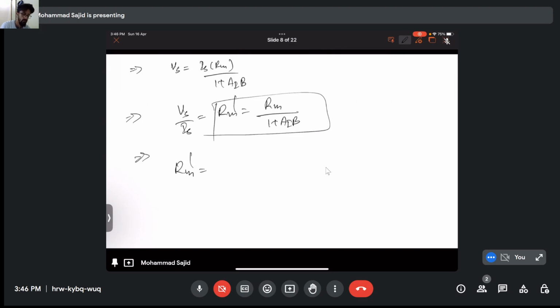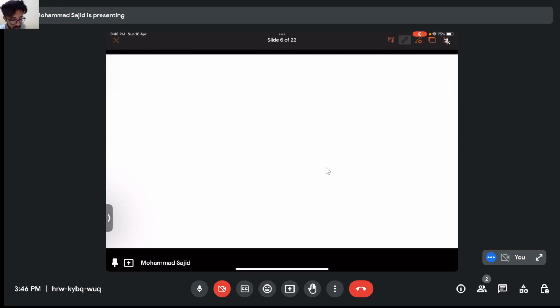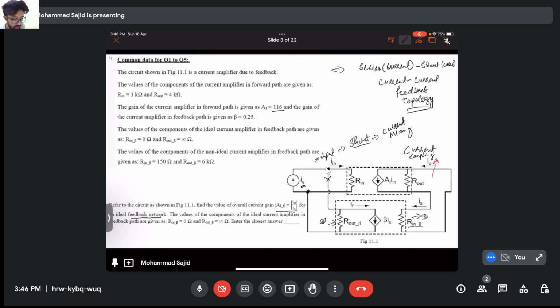So my Rin dash is, let's calculate it. My Rin is given to us, Rin is 3 kilo ohm.